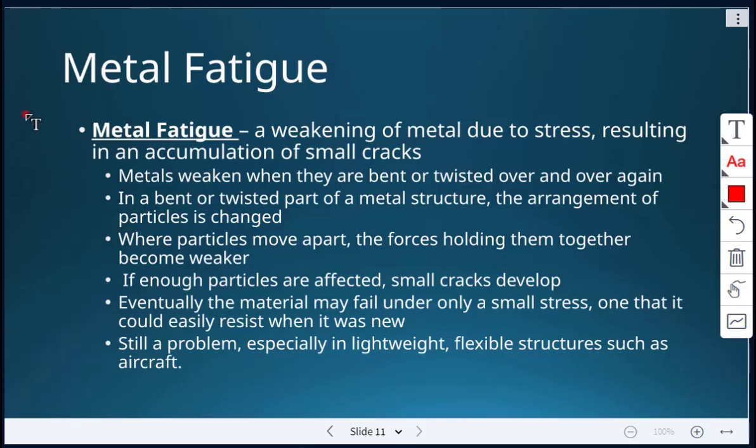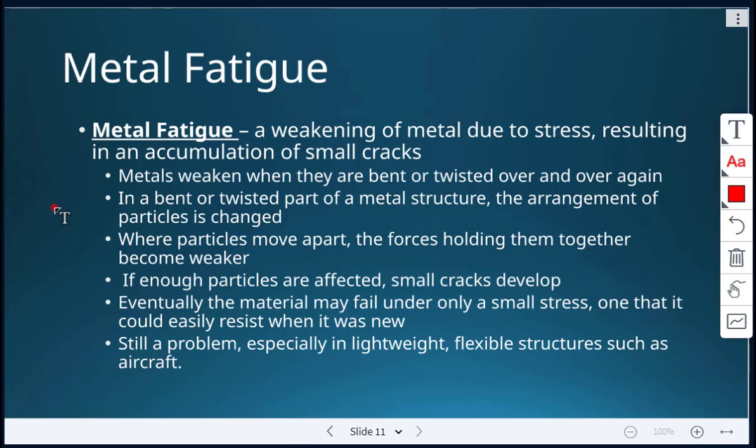Next is metal fatigue. Metal fatigue is the weakening of metal because of stress, and it will result in an accumulation of small cracks. Metals will weaken when they're bent or twisted over and over again. Basically what's happening is the arrangement of the particles is changing. When particles move apart, the forces holding them together become weaker.